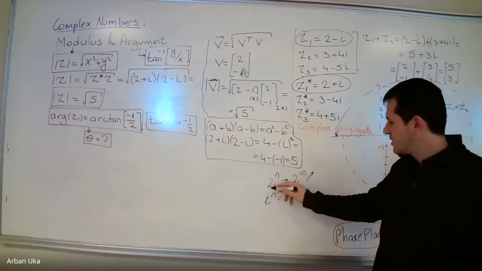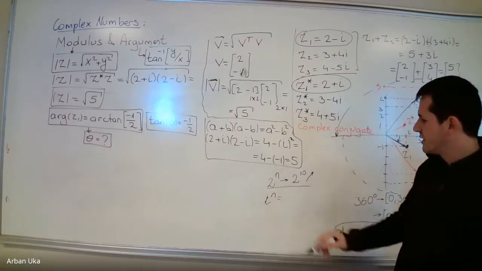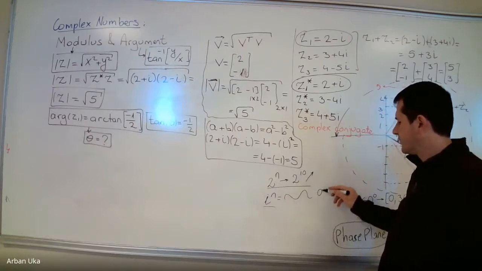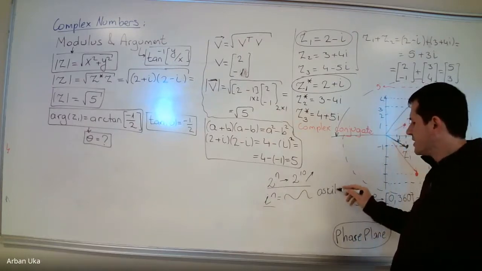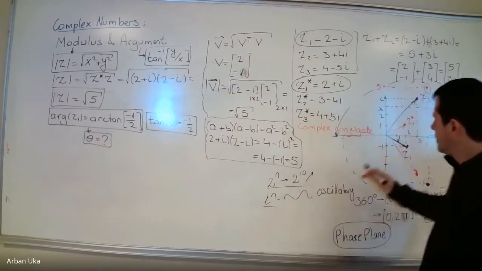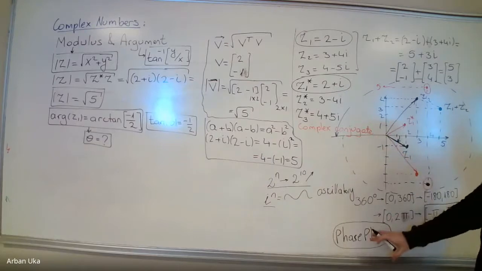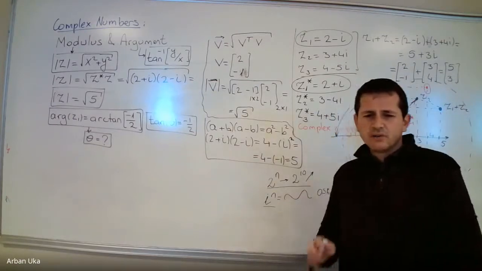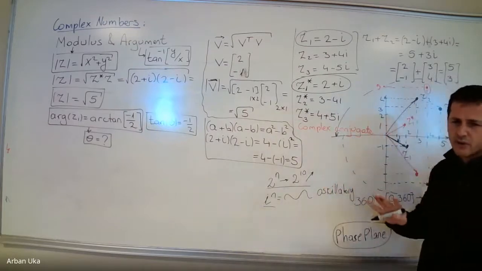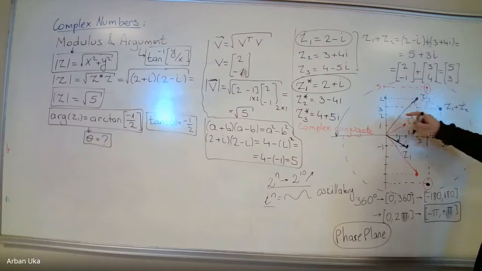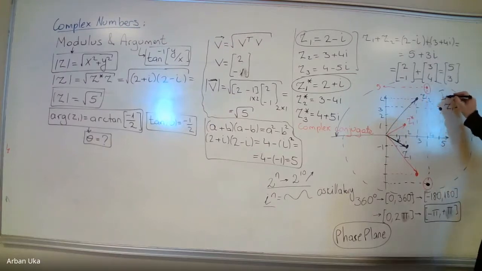So real numbers can exponentially increase or decrease. Complex numbers are oscillatory, okay? Since they have an oscillatory behavior, we can also call this plane a phase plane. And this phase plane, we can divide into 4 quadrants. The first one would be this, where x and y are larger than 0.